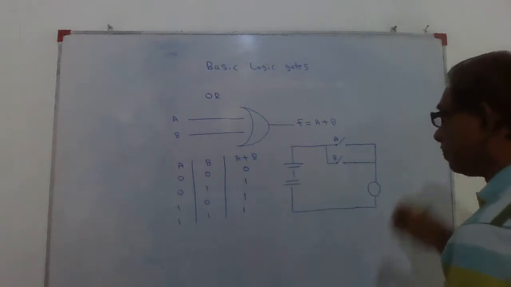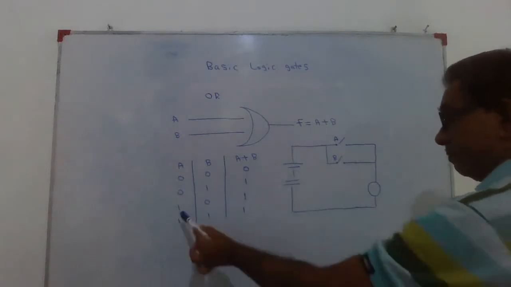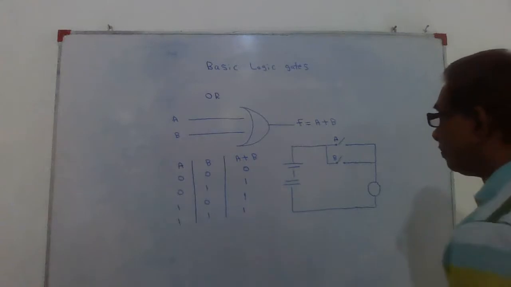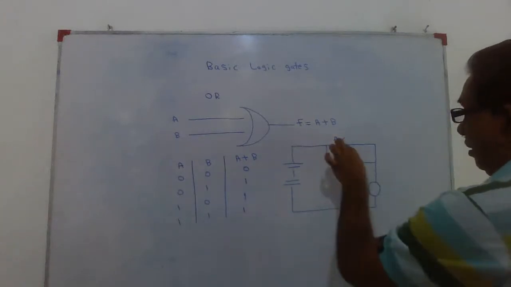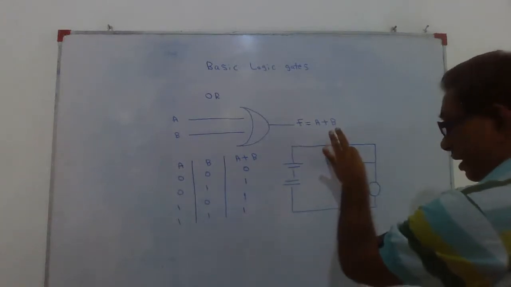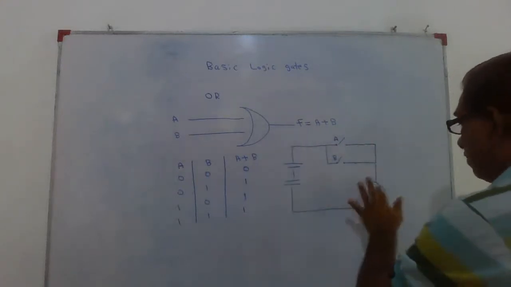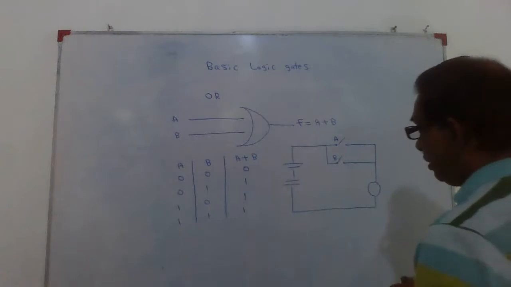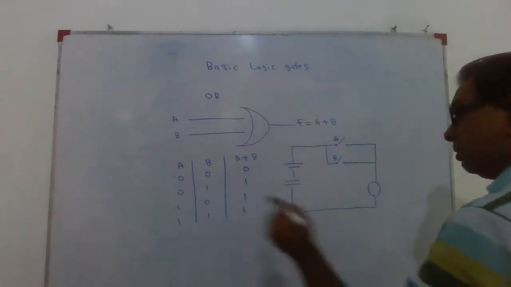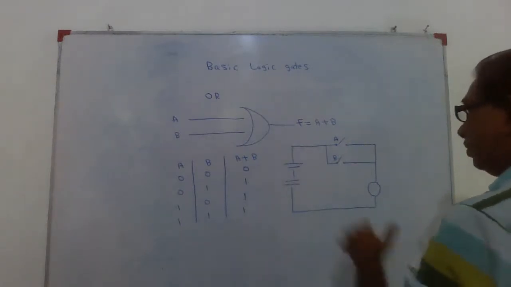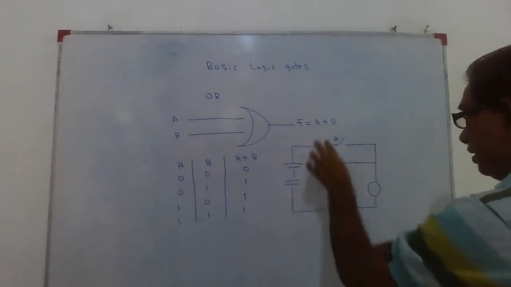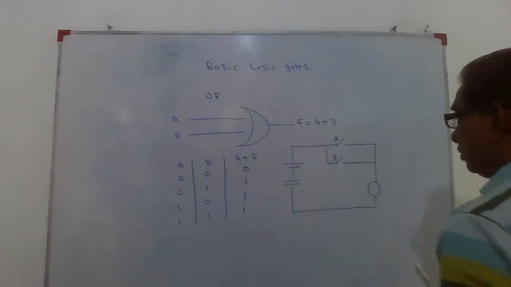If A is here, if we close switch A, then electricity can pass through the circuit and the bulb can be lit. If we close both 1 and 2, even then there is a possibility to pass electricity through the entire circuit.